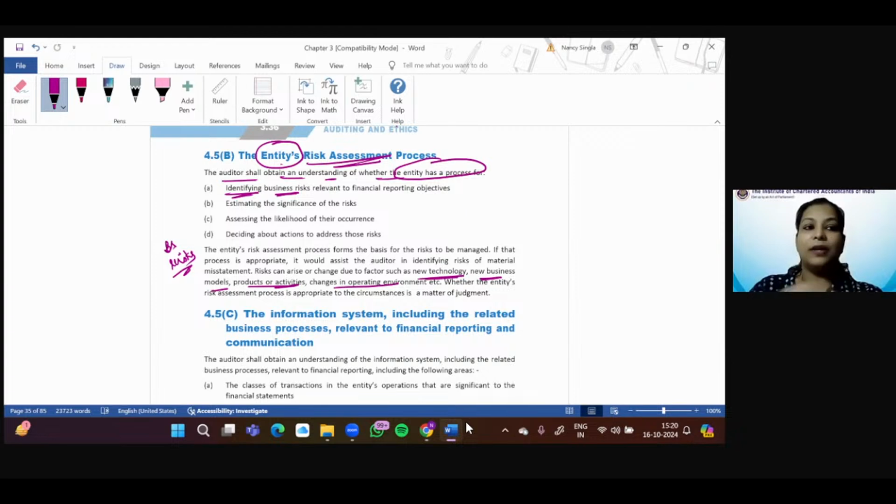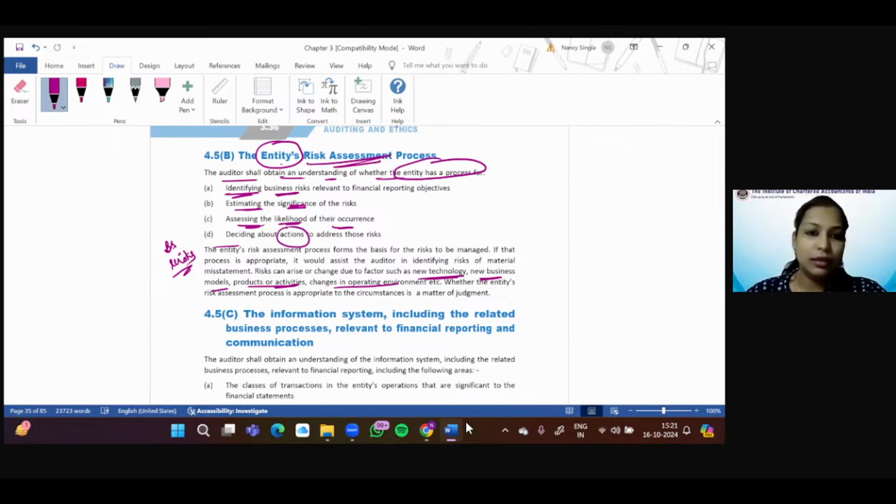The second one. So the auditor shall obtain an understanding of whether the entity has a process for identifying the business risk, estimating the significance of the risk, assessing the likelihood of their occurrence, and deciding about the actions to address those risks, right? So what understanding is the auditor gaining? Whether the entity has identified, estimated the significance, assessed the likelihood, the probability of its occurrence, and then decided the action.